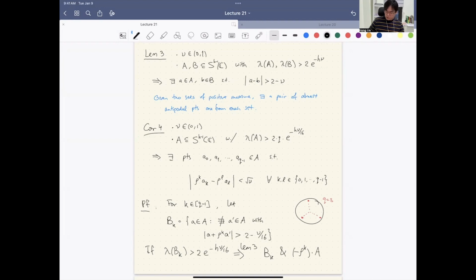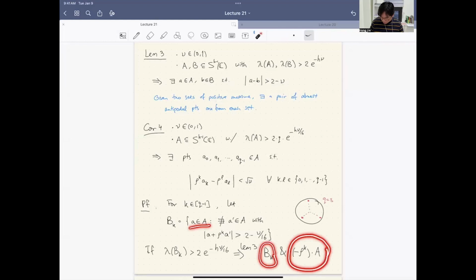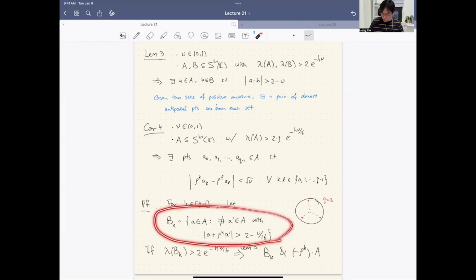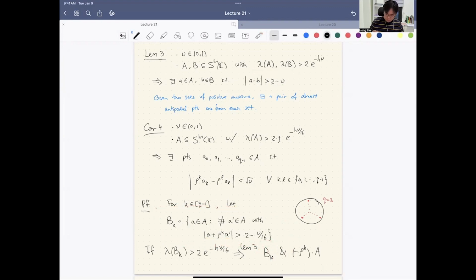What do we get? We get 2 points a and b, a coming from B_k, b coming from here, such that the norm of a minus this, which is this guy, is at least 2 minus mu over 16. We take mu to be mu over 16 here. That contradicts the definition of B_k, okay?